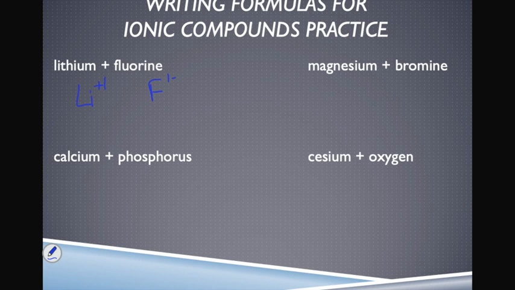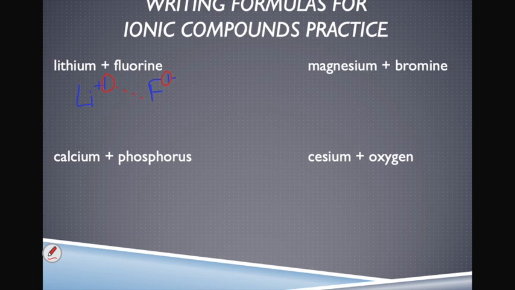Okay, so then steps 3 and 4, cross and drop. What does that mean? Well, we're going to look at the number only, not the sign, just the number, just the ones here. The number of the charge on one ion becomes the subscript on the opposite ion. So here's the crossing.